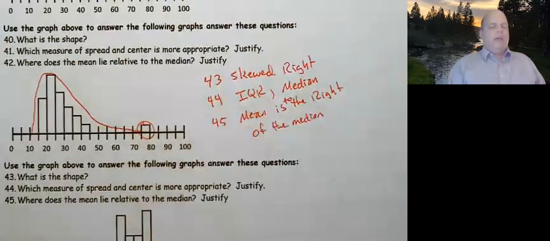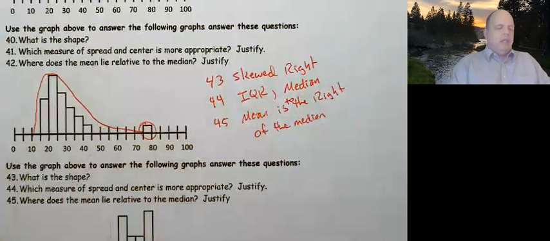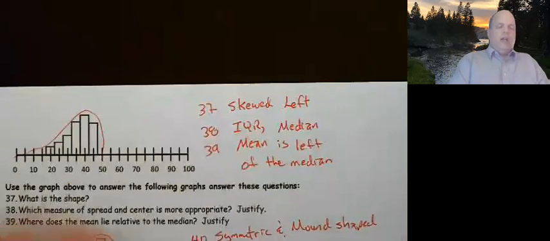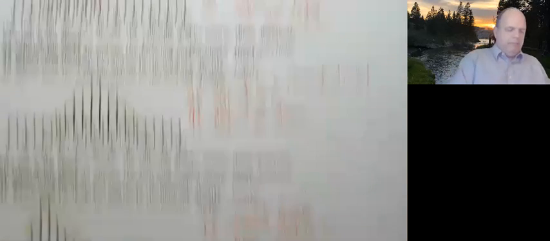So skewed right, which we have here, the mean is to the right of the median. Skewed left, that we have up here, the mean is to the left of the median.